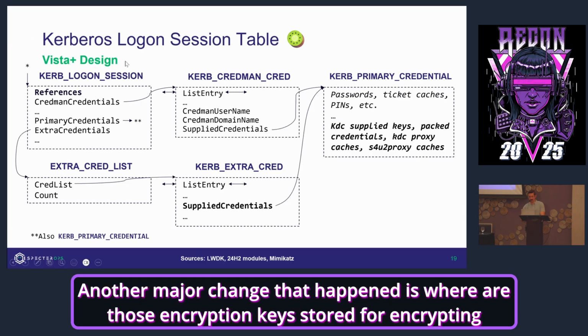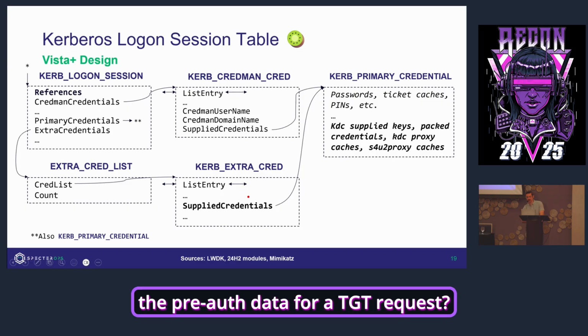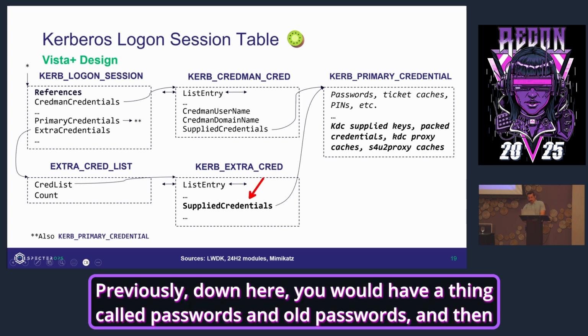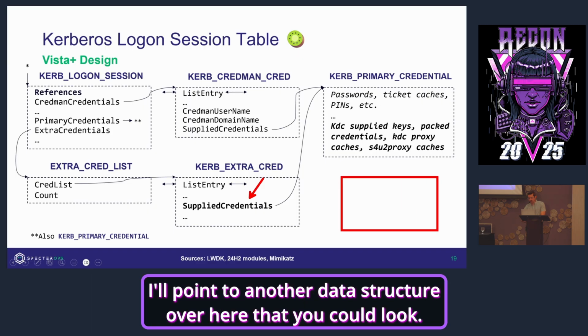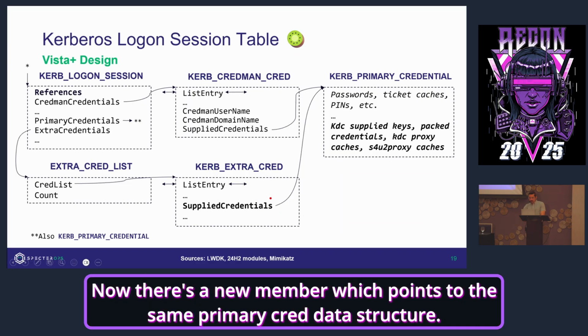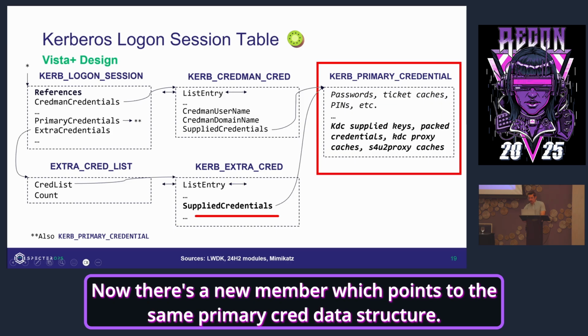Another major change that happened is where those encryption keys are stored for encrypting the pre-auth data for a TGT request. Previously, down here, you would have a thing called passwords and old passwords, and then that'll point to another data structure over here. Now, there's a new member which points to the same primary cred data structure.